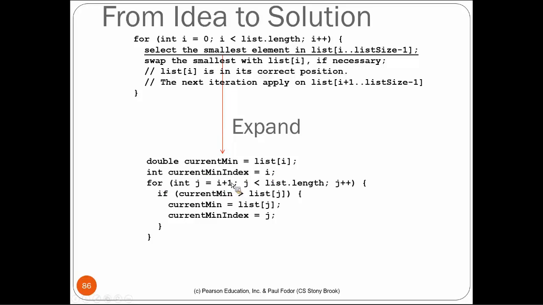In a for loop that iterates from position i plus 1 to the end of the list, if the current minimum is bigger than the element at index j, then the current minimum is not the minimum, so we need to assign it the element at index j, and then the current minimum index is j. So this will compute the position of the minimum and the element that is the minimum in the array.